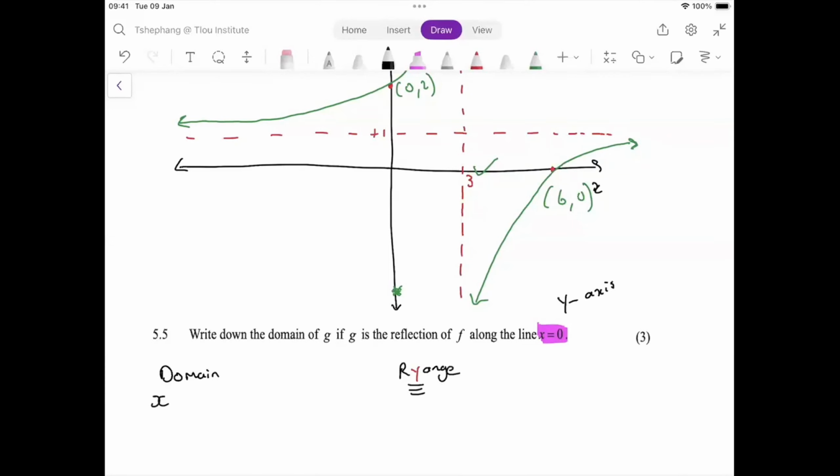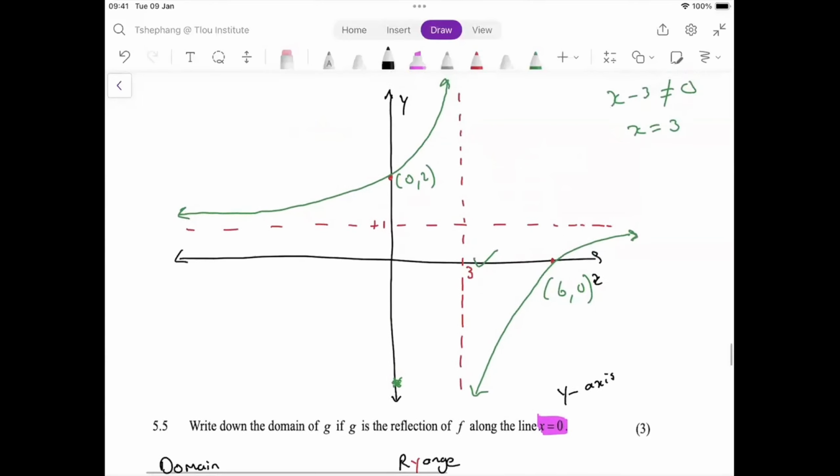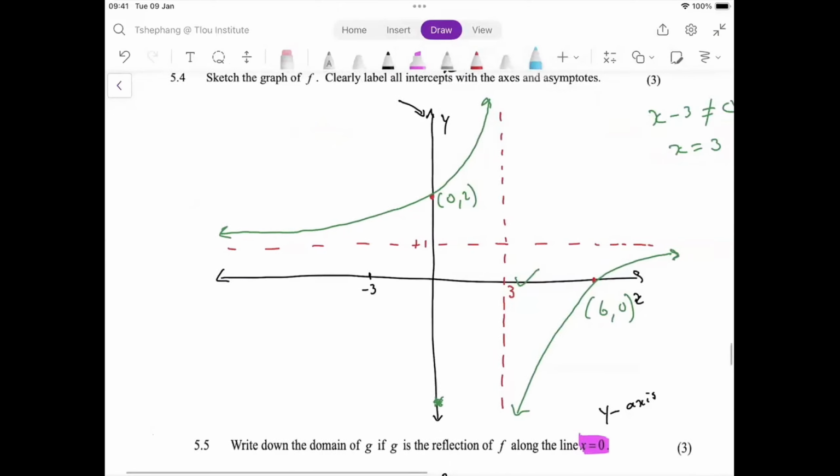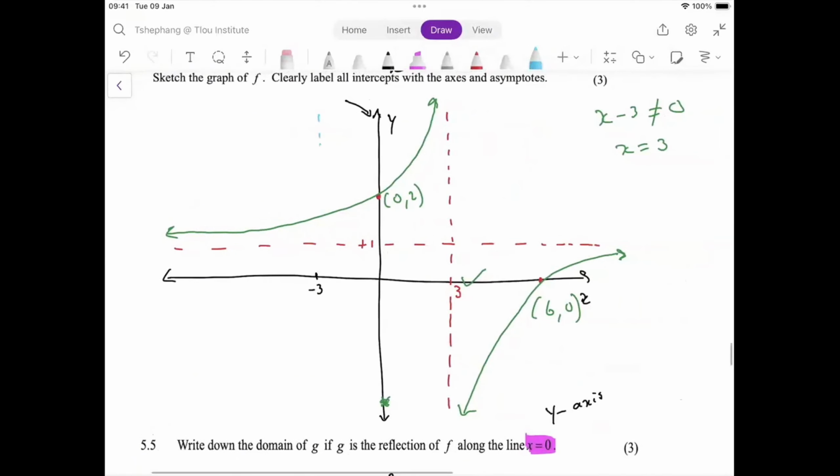Our graph is going to then look something like this. It's reflecting here, remember. So this 3 is now going to become -3. Now, let me maybe use a different color. Let's use blue. So now this is the asymptote that we have after reflecting. This asymptote is fine.